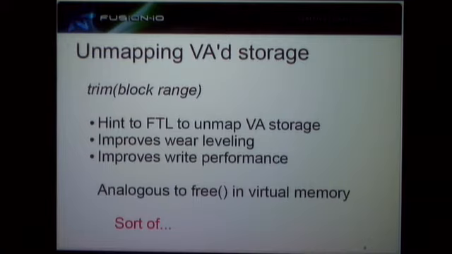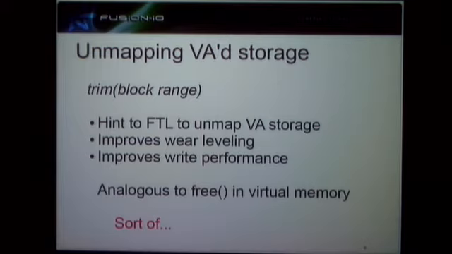The reason TRIM was implemented is to provide a hint to the FTL that it doesn't need to track this data anymore in its virtually addressed mapping. And so this helps improve both wear leveling and write performance through allowing a larger free block pool that can then be used for write buffering, improved wear leveling.